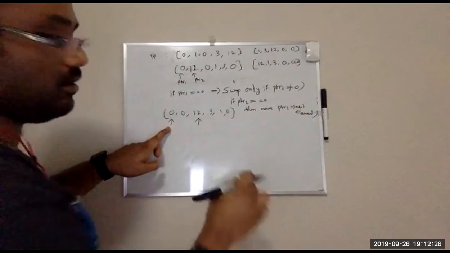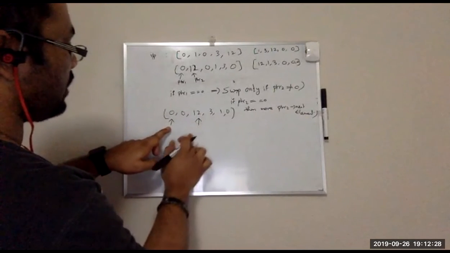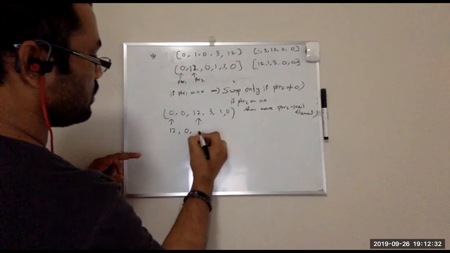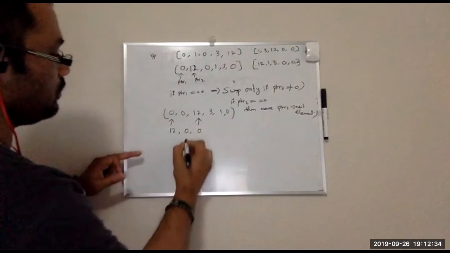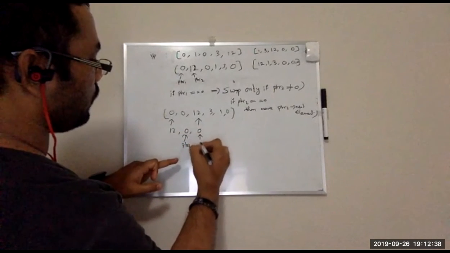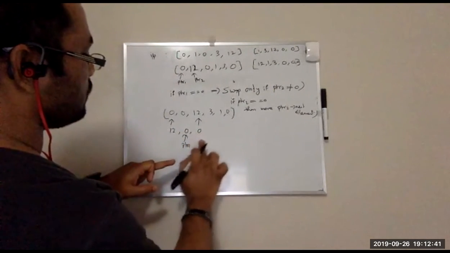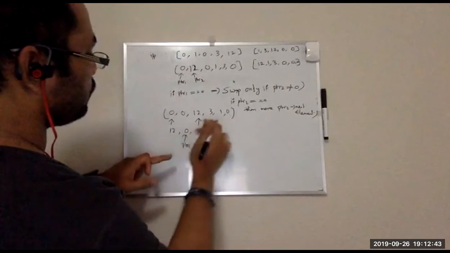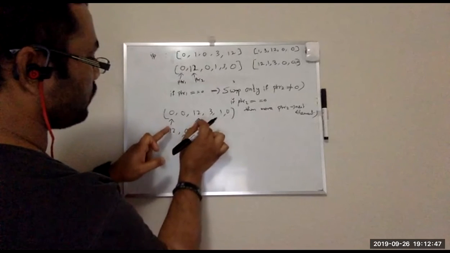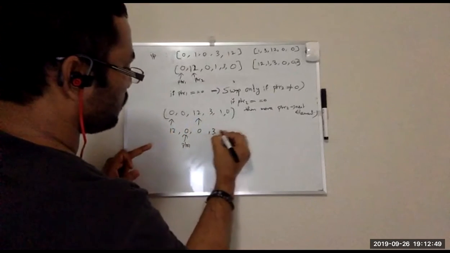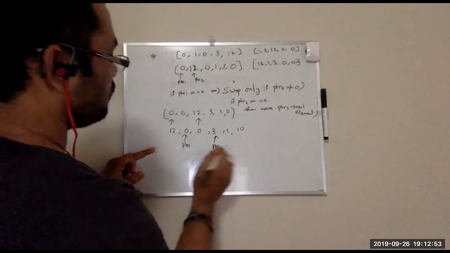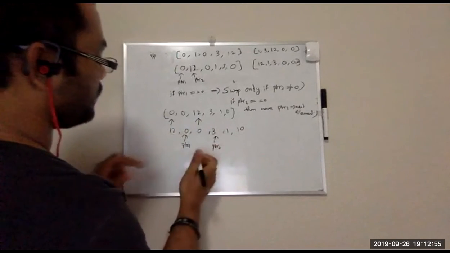Then we'll swap, so 12, 0, and 0. We'll put pointer 1 here again. At this time, we don't need to put pointer 2 here, and we'll move both pointer 1 and pointer 2. Pointer 2 will be here, and if it is non-zero, we'll just swap it.